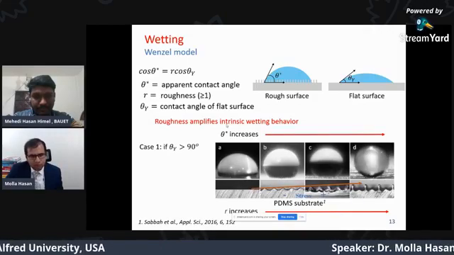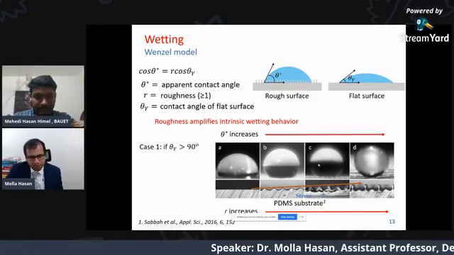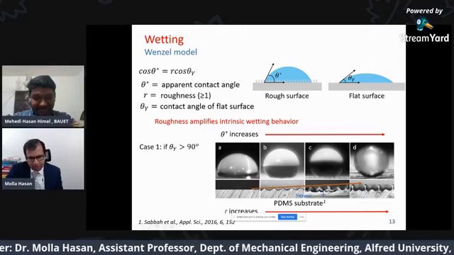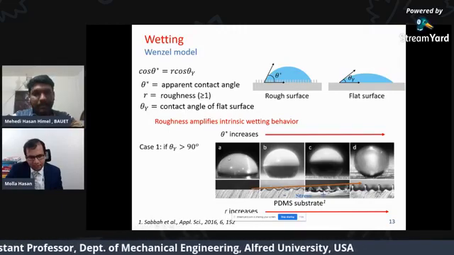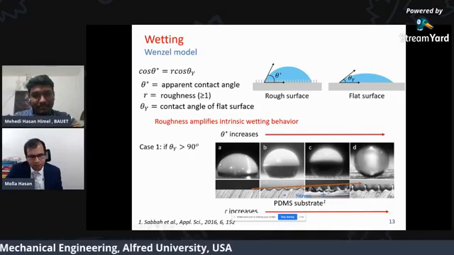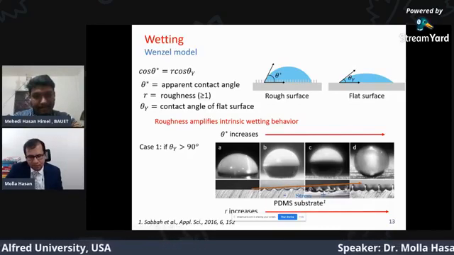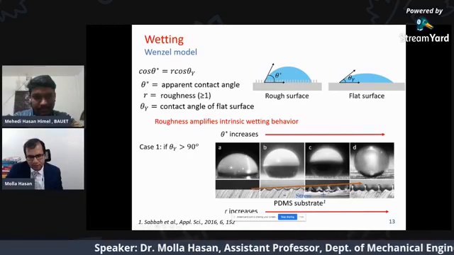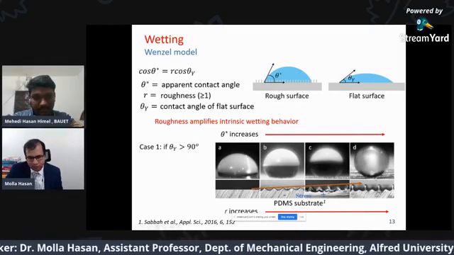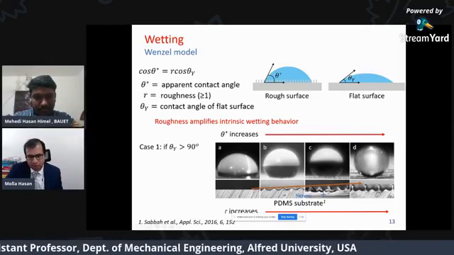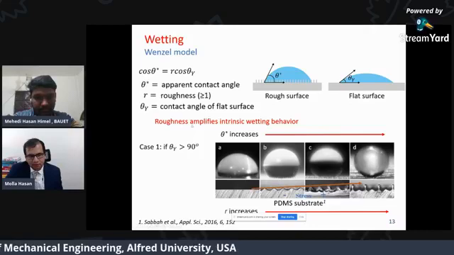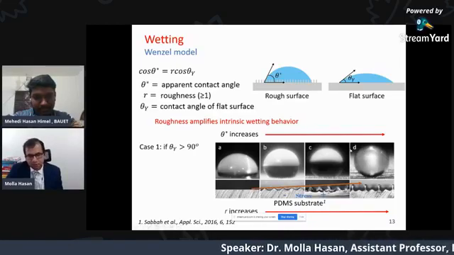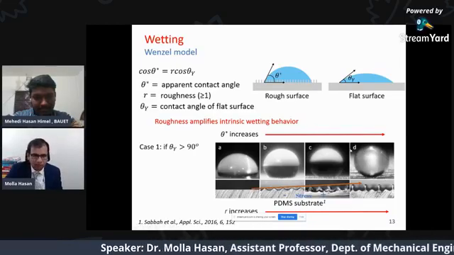If you look at this figure, this is a flat surface with no roughness, and the contact angle is more than 90 degrees. As the roughness goes higher, the contact angle increases. As you see, from a half sphere it turns to almost a full sphere. So roughness amplifies: theta goes from 90 to 150 or 170. So roughness increases the contact angle.